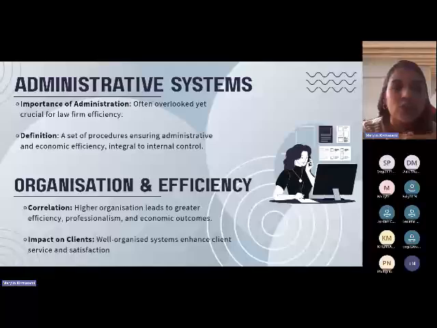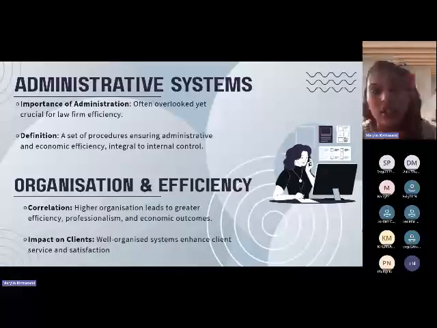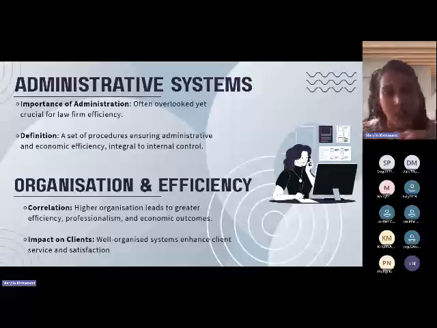These systems are not just about doing things right, but doing them on time and in the right way. They're an essential part of your internal control system and support your business's or your law firm's policies and plans. Overall, it is really important that you are organized and there's efficiency in the way you have your administrative systems in place.